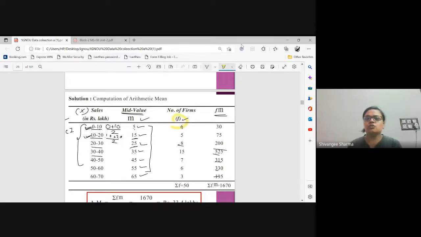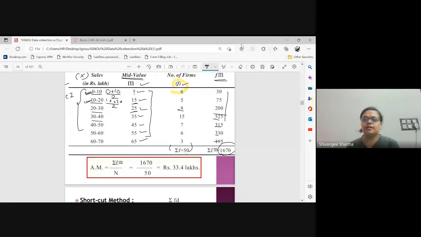Okay, so the sum of f here is 50, and the sum of fm, this particular column, is 1670, and the mean will be 1670 divided by 50, which is rupees 33.4 lakhs.